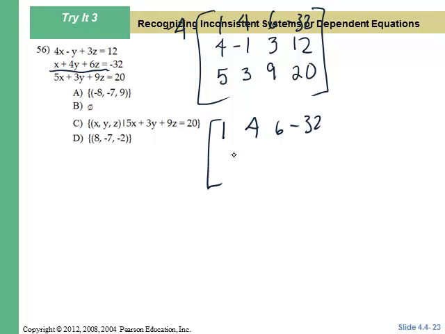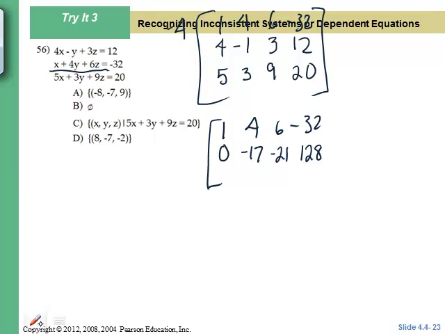Add it to the second row, 0. Negative 4 times 4 is negative 16, add 1... negative 4 times 6 is negative 24, add 3 is negative 21. Negative 4 times negative 32 is positive 128.